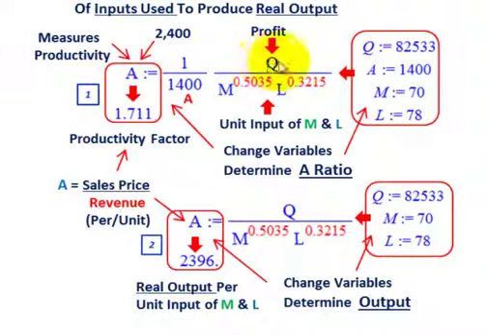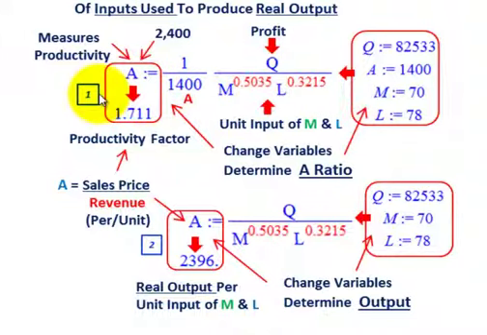If you put some targets, some profit based on your material and labor inputs, and also your revenue or unit price, you can come up with some measure of productivity, either above or below the unit price you're looking at. So what you want to do is change your variables between material, labor, and profit, and you can determine some A ratio based on that revenue per unit, the selling price per unit. It's either going to go up or down, but it can become a useful tool.